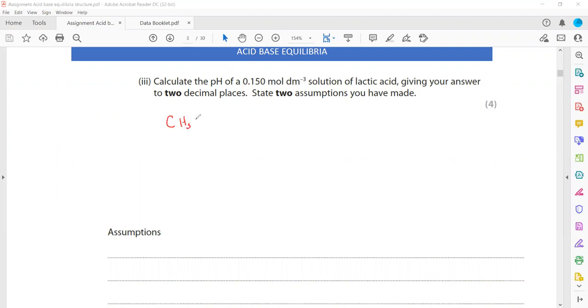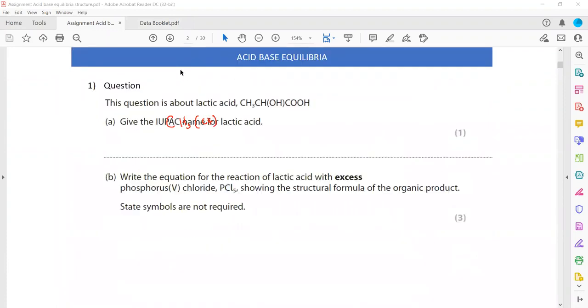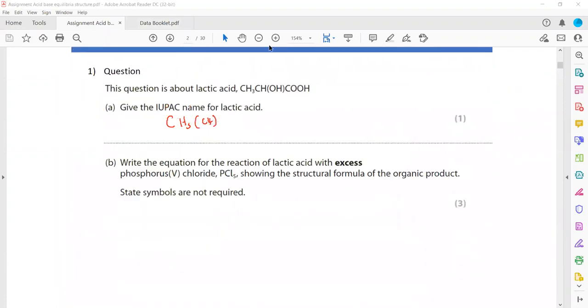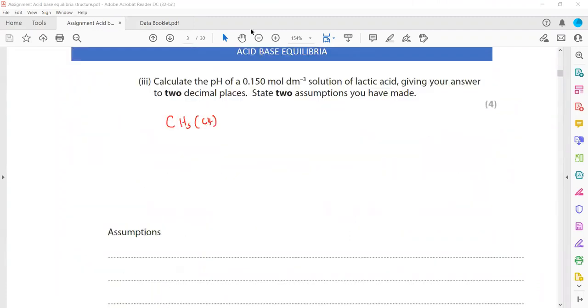We have CH3CH(OH)COOH, which will dissociate into CH3CH(OH)COO⁻ and H⁺.